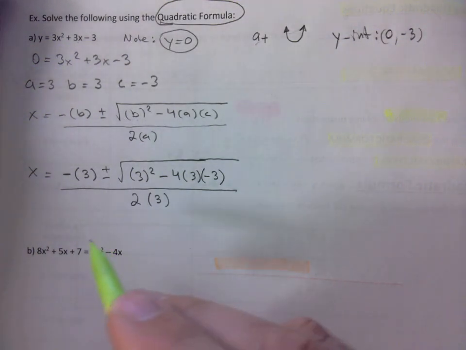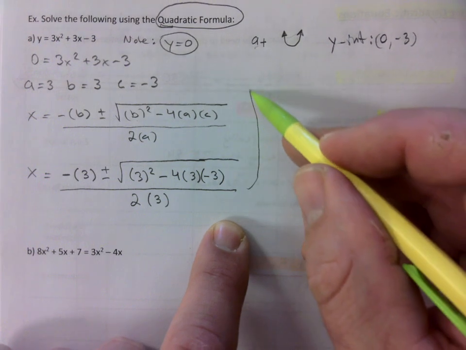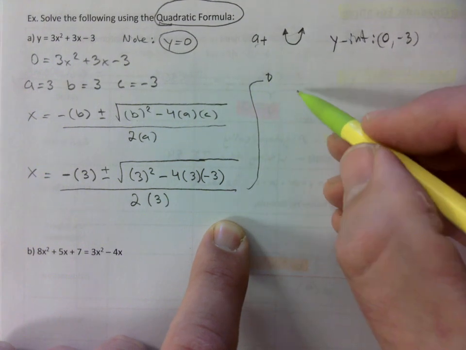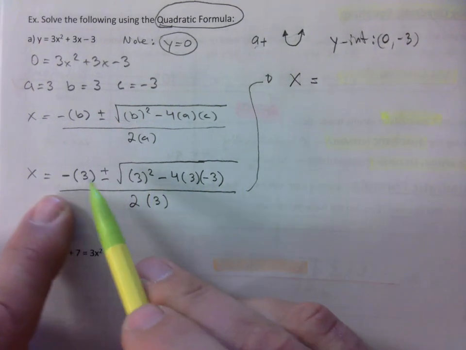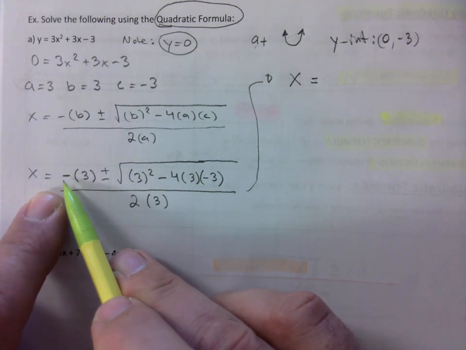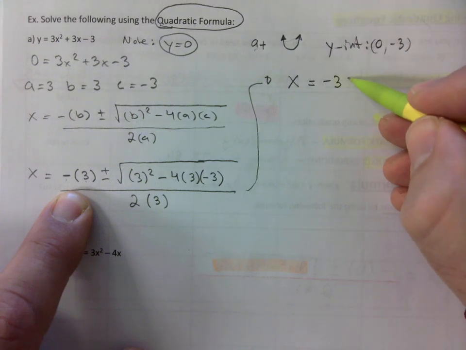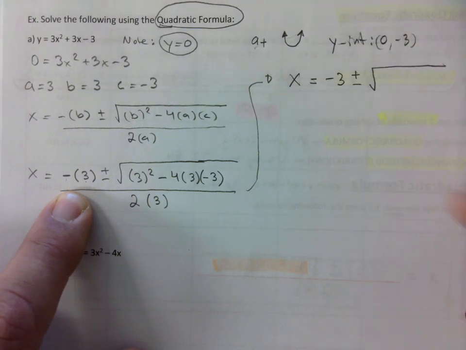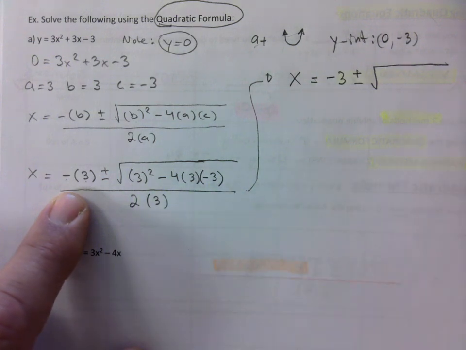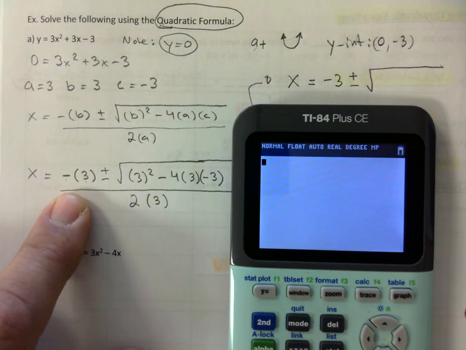Okay, so now let's clean this up. It's getting a little tight here, so I'm just going to say I'm continuing here. That's going to be x is equal to, I can get rid of a lot of these brackets because negative 3 times 3 is just negative 3. And you go plus or minus root. Let's figure out what you get inside that root.